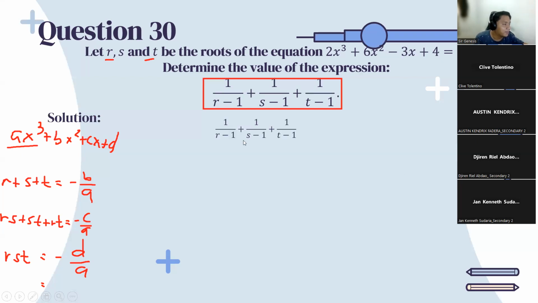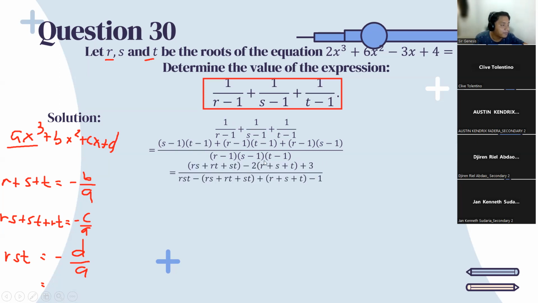Okay, so the solution here will just be 1 over R minus 1 plus 1 over S minus 1 plus 1 over T minus 1. Simplifying, we'll just get the LCD and then simplify.